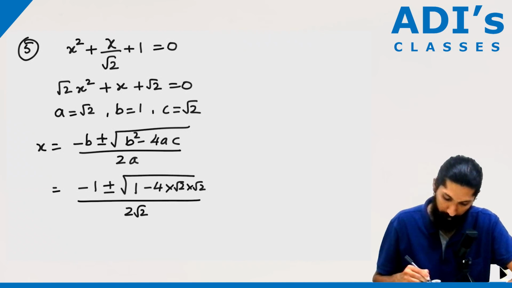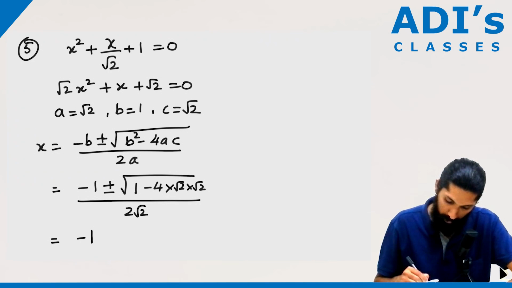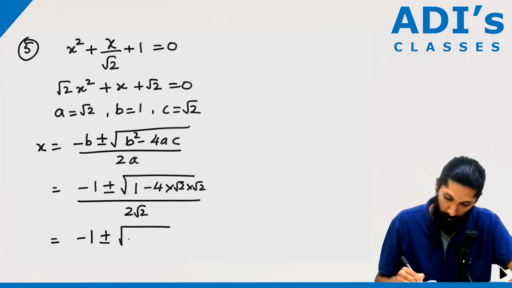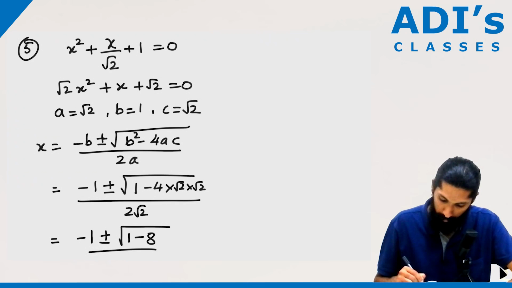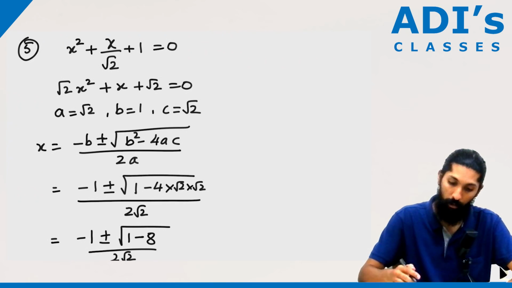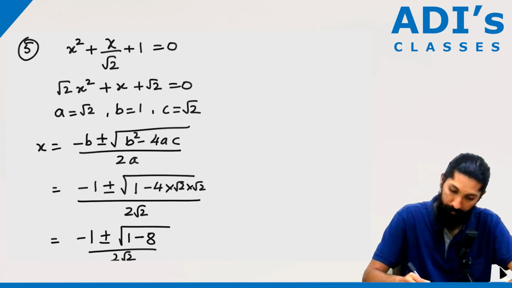Fair enough? So minus 1 plus or minus root of 1 minus 4 into 2 is 8, divided by 2 root 2. So you get x is equal to minus 1 plus or minus root of minus 7 divided by 2 root 2.